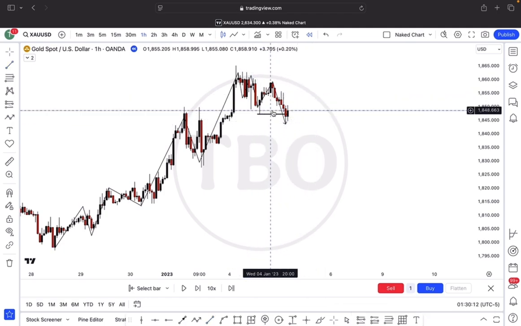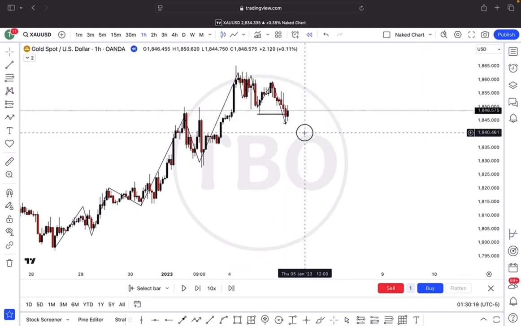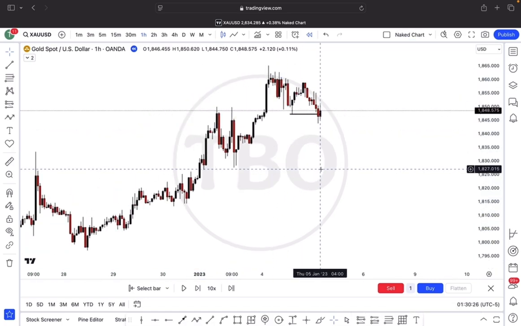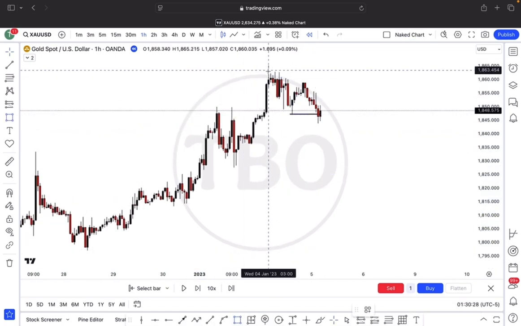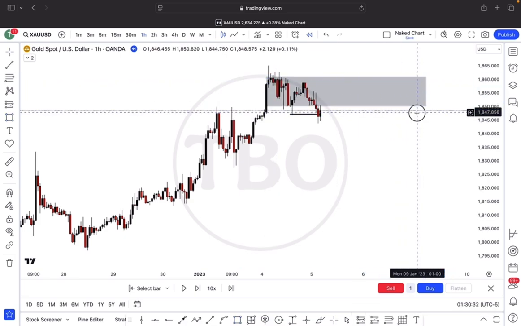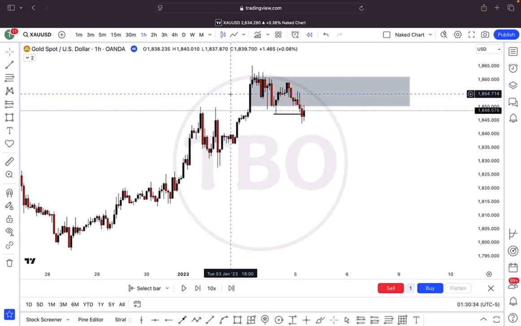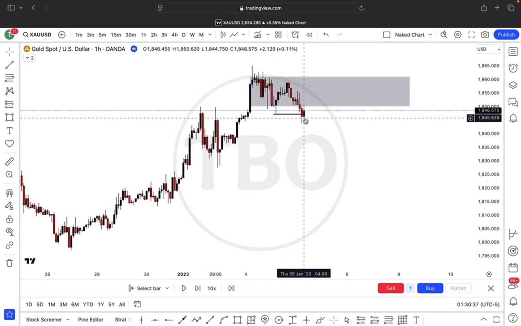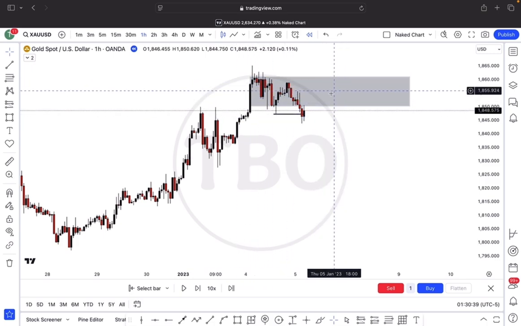The candle closed below the previous higher low with a body. Now what I'm going to do in this case is simply mark out the base. So there we have it, the rally, the base, the drop, and then you will look for your entry here.